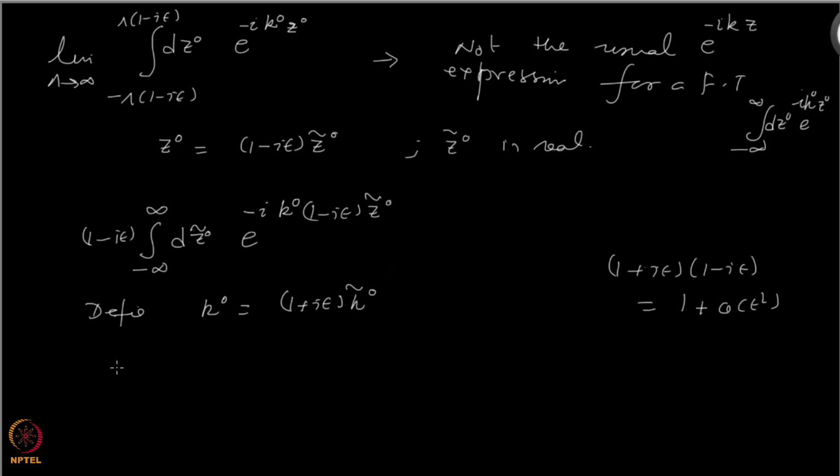So, this becomes, with this definition, I will not worry about this part, because there you can easily take the epsilon going to 0 limit without any difficulty. So, I get this e to the minus I k tilde naught z tilde naught, where both k tilde naught and z tilde naught are real. So, here I have defined k tilde naught to be real.